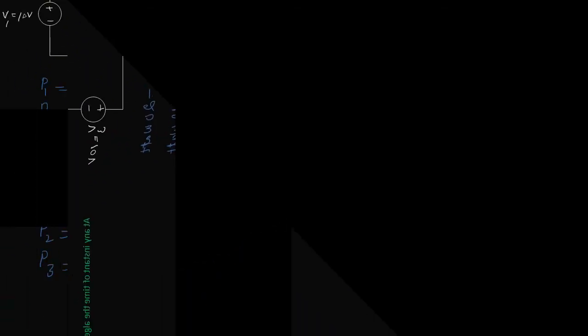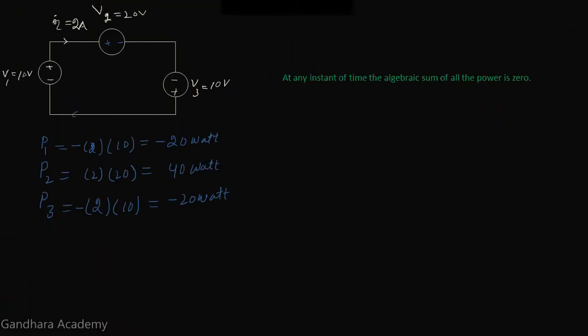Now there is another important point about electrical power. We know that the definition of electrical power states that P is equal to the rate of energy. So the rate of energy is involved here, so the law of conservation of energy must be involved here, which states that energy cannot be destroyed or created, but it can be changed from one form to another form.